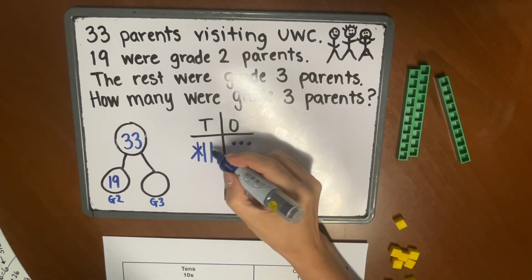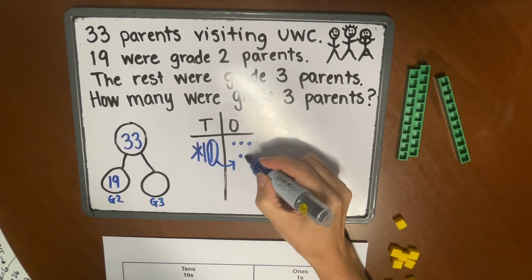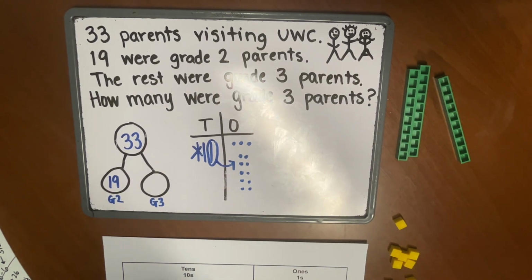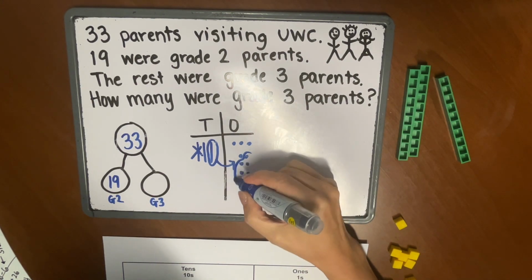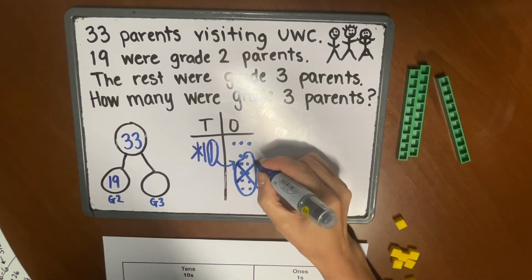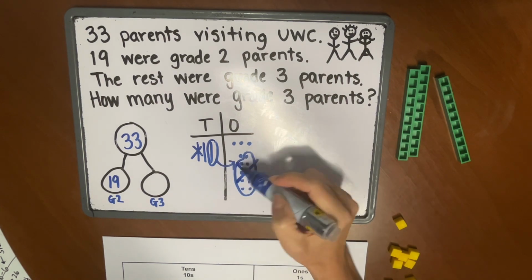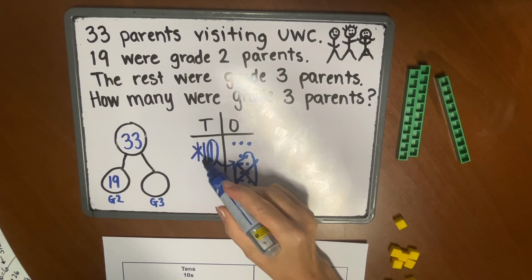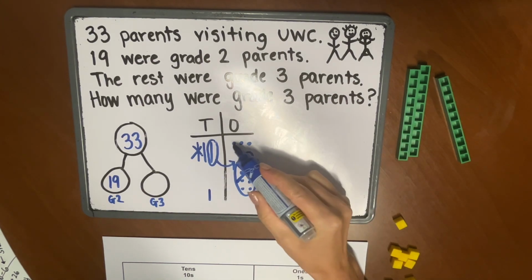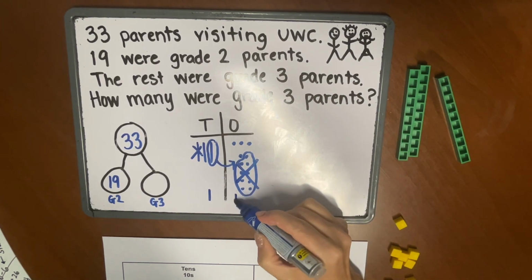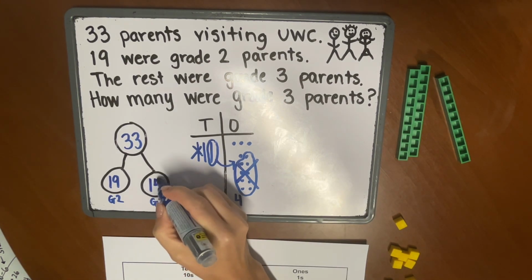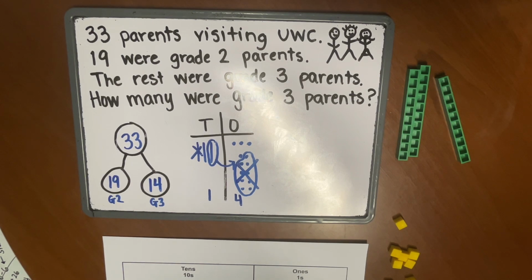So what did I do? I moved this one to the ones. 1, 2, 3, 4, 5, 6, 7, 8, 9, 10. I had 10 of them. And then I could take away 9 of them. And I had left, this one moved over, so I had the 10 and 9 was 19 that I took away, and there was 1 10 left, and 1, 2, 3, oh, don't forget this one, 4 ones left. So there were 14 grade 3 parents.